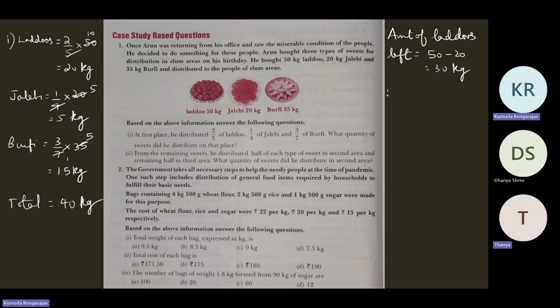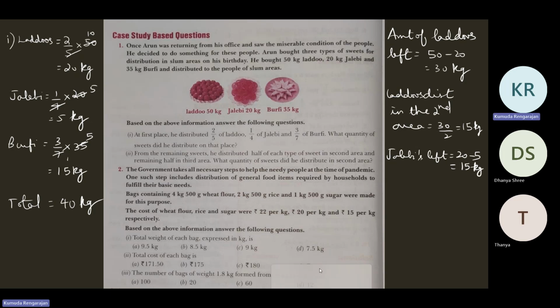Amount of laddus left is equal to 50 minus 20, that is 30 kgs. And he distributes half of this, half of each type of sweet. Laddus distributed in the second area is equal to 30 by 2, 15 kgs. Similarly, jalebis left is equal to 20 minus 5, 15 kgs is left. So how much he gives?